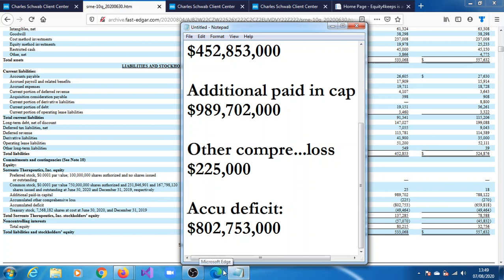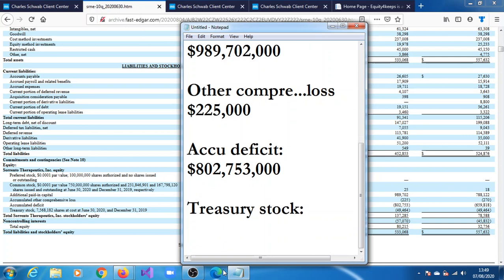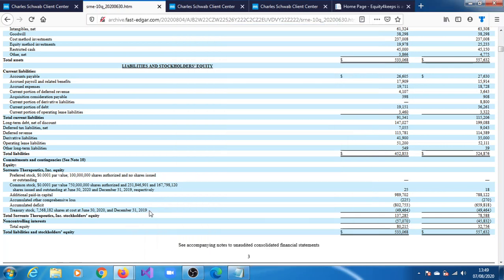And then treasury stock, $49,464,000. That's this figure here.